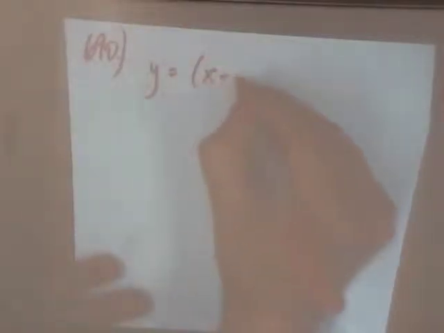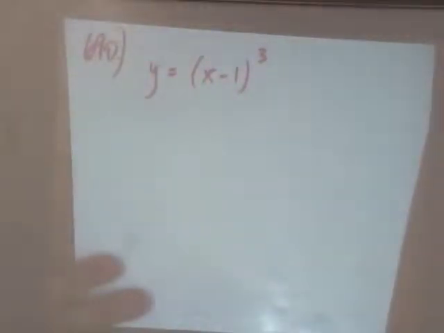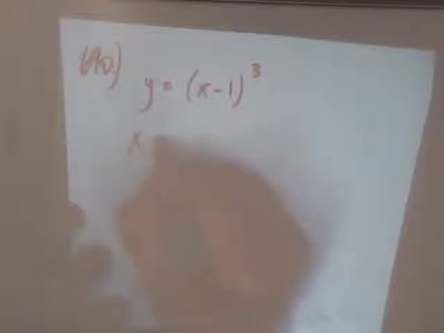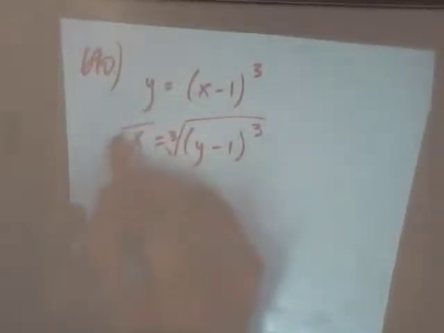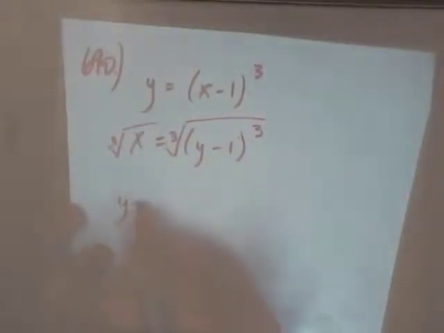All right, 69D. Y is equal to x minus 1 cubed. Step 1, switch the x's and y's. Get rid of the cube by cube rooting. So y minus 1 is equal to the cube root of x. And then add the 1 over.